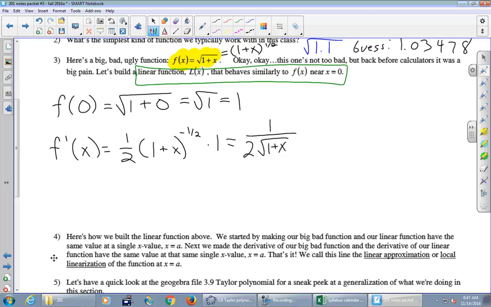And again, we're going to plug in 0. 0 was given in the problem. So let's find f prime of 0. So just plug 0 into the derivative. I get 1/2. So far, so good.